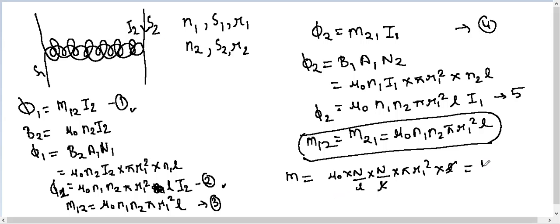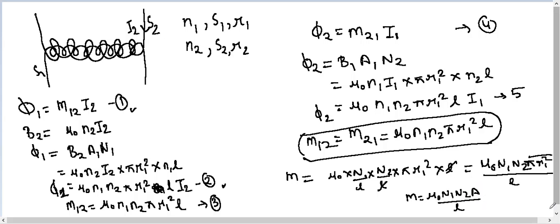So our value could be mu naught N1 N2 pi R1 square by L. We can also write pi R1 square as A. So M is equal to mu naught N1 N2 A by L. So that's the value of mutual induction of two long coaxial solenoids.